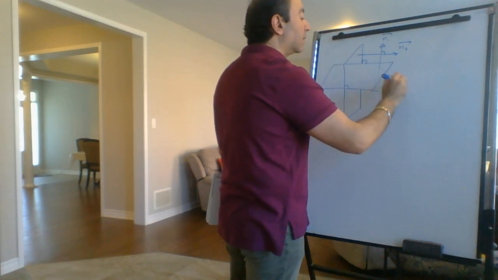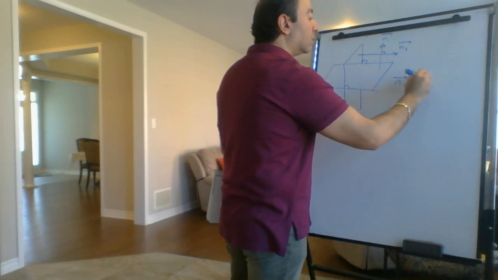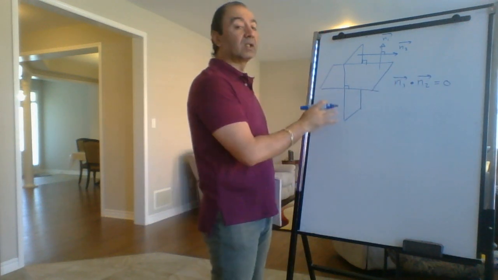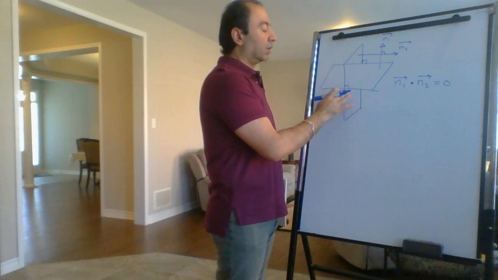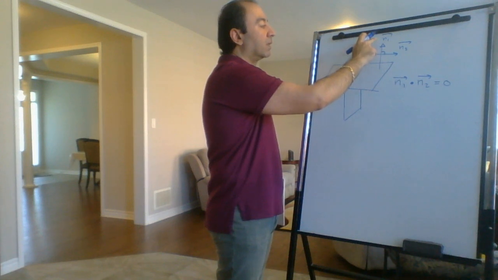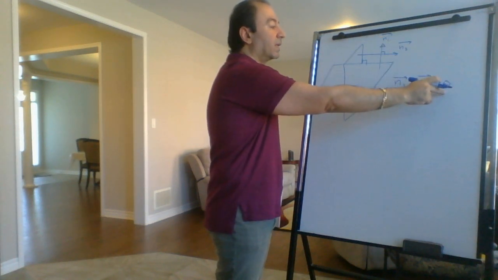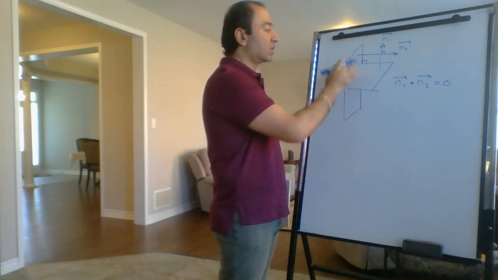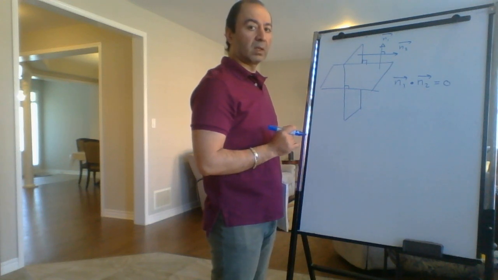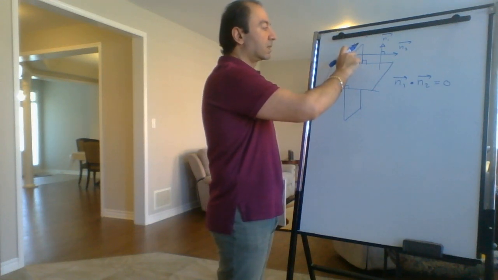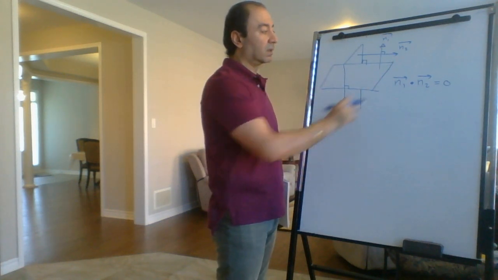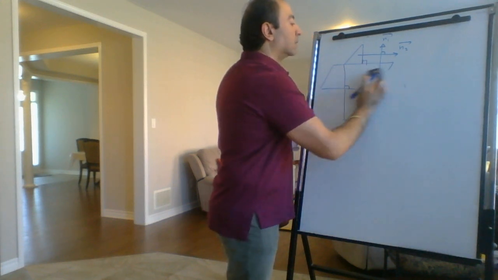That means n1 dot n2 has to equal 0. So if we want to show that these two planes are perpendicular to each other, we have to get n1 and do the dot product with n2 and see if it equals 0. If it equals 0, yes, these two planes are normal to each other. Okay? So normal planes have two normal vectors that are perpendicular to each other. The dot product equals 0. Okay?